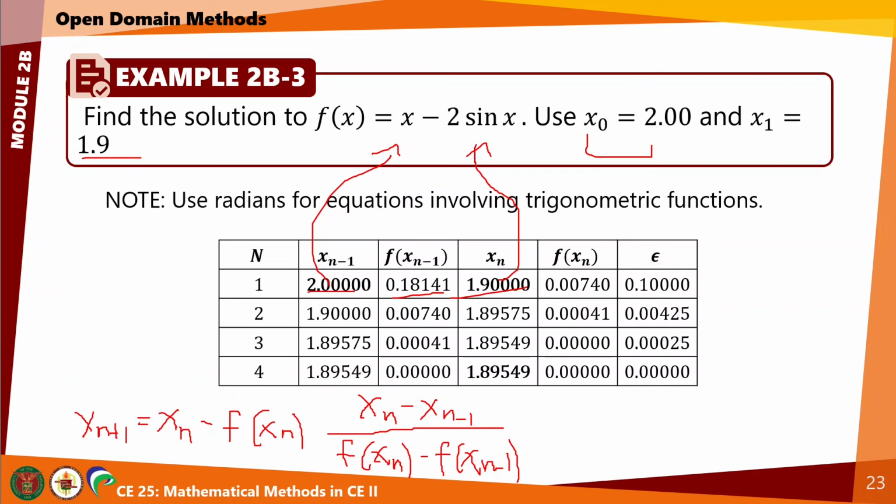Sorry. Okay, so tama, 0.0074. Okay. So, ano tong absolute error na to? Yan pa rin yung difference ng dalawang guesses natin. So, sa case na to, 2 minus 1.9, that's 0.1.